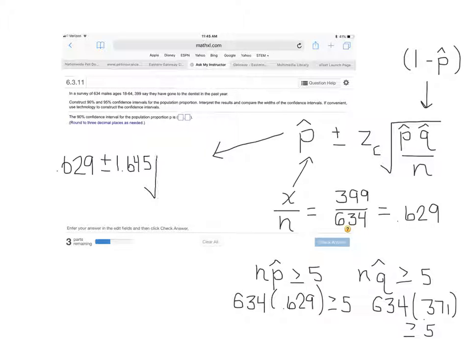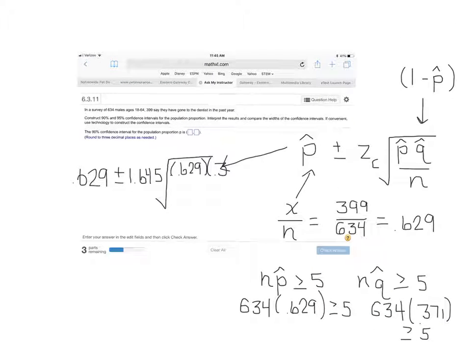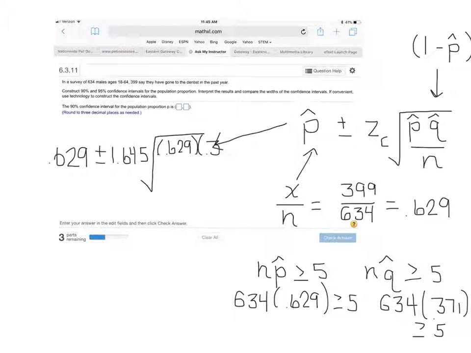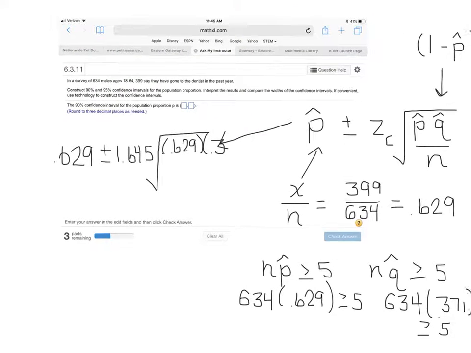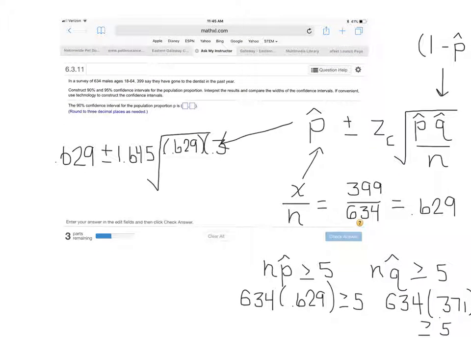And then that's multiplied by the standard error, the square root of 0.629 times 0.371, all over our sample size of 634.